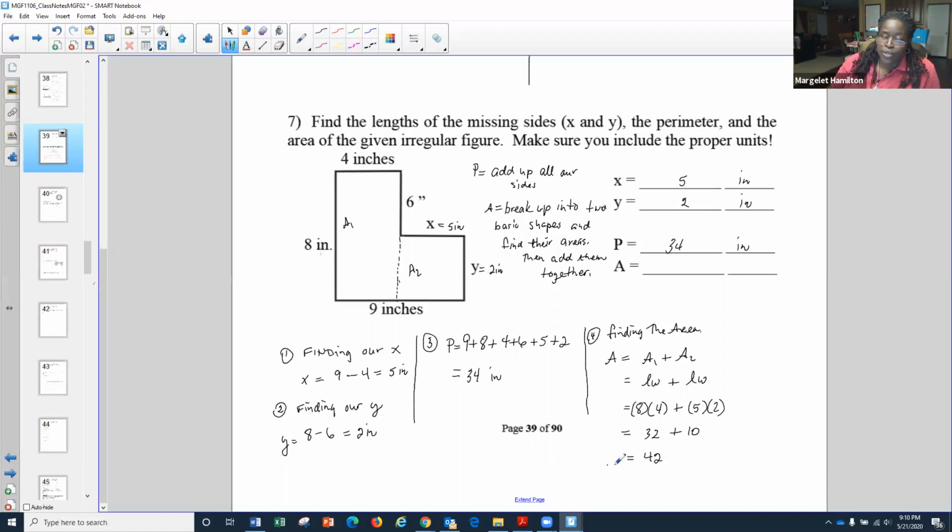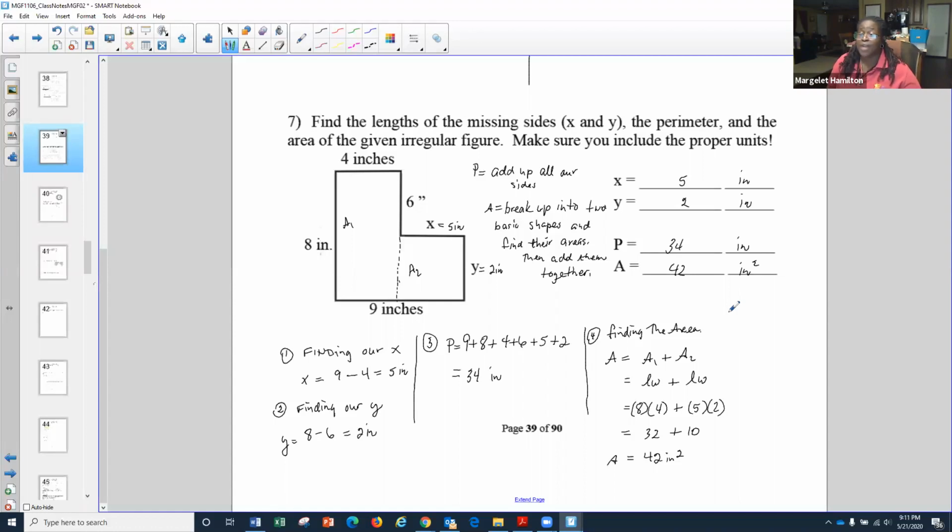Now remember, we're talking about area. Area, so our inches, we got to square them. Inches squared. So 42 inches squared. All right, so not too bad. Here we had a couple pieces there, things we had to find.